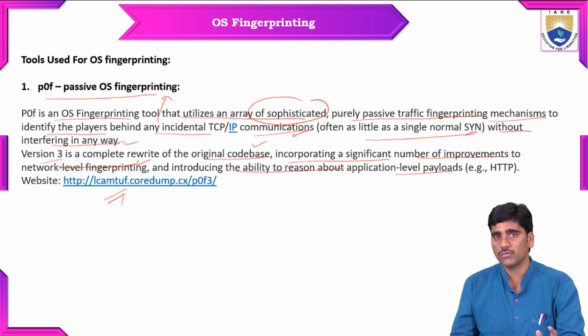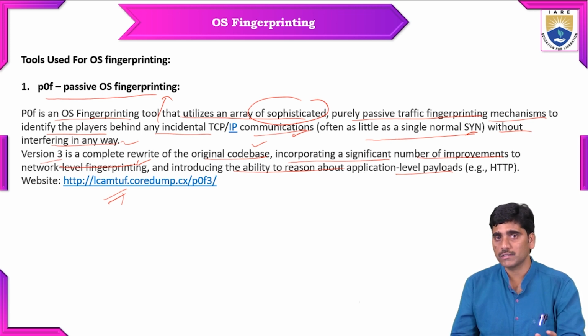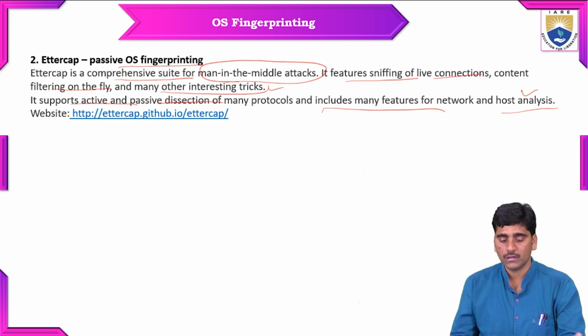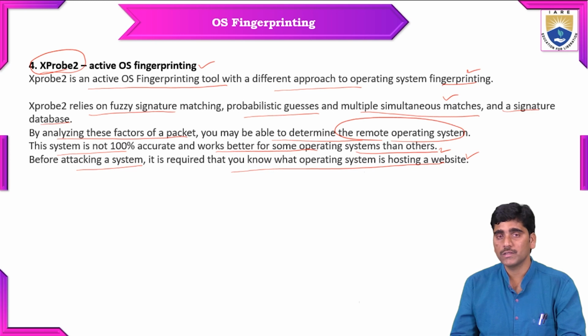There are different types of tools: some passive, some active. p0f is one passive OS tool, and Ettercap is also a passive operating system fingerprinting tool. But Nmap is an active OS fingerprinting tool, and Xprobe is also an active one.